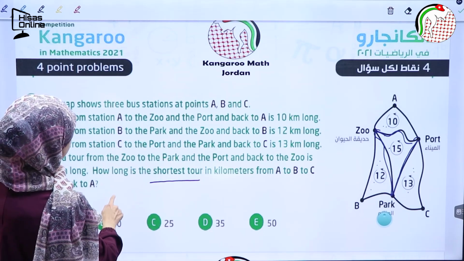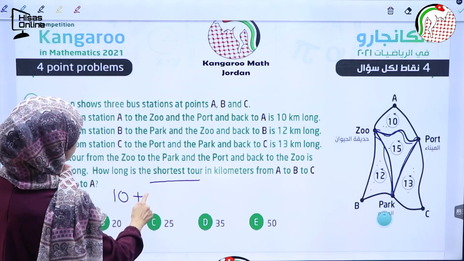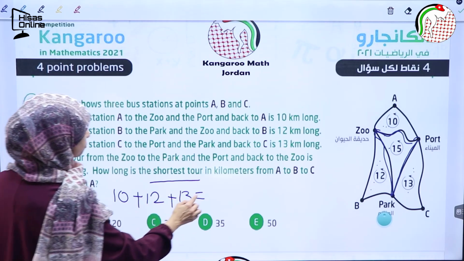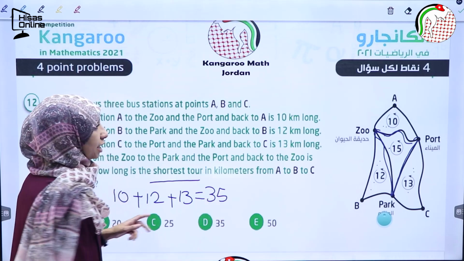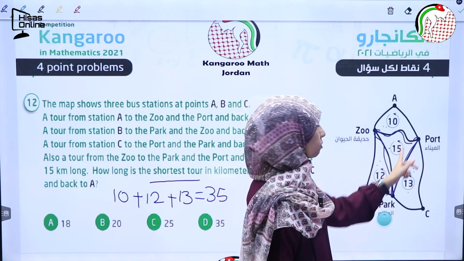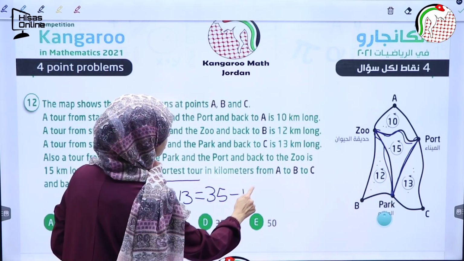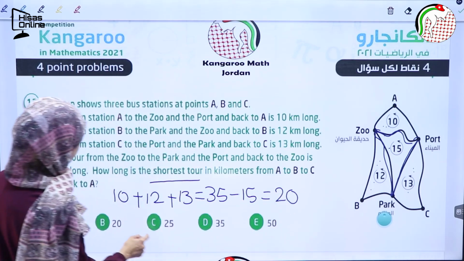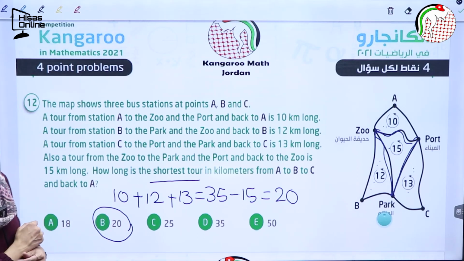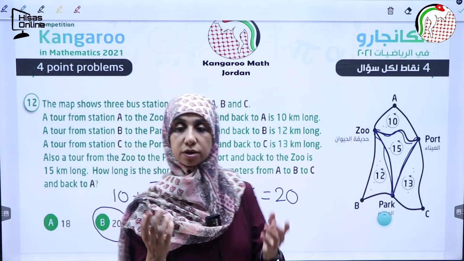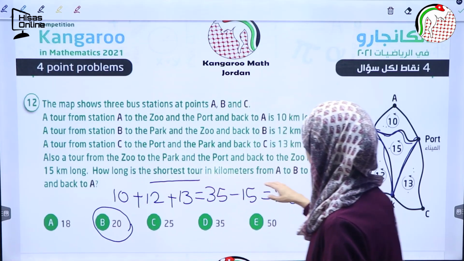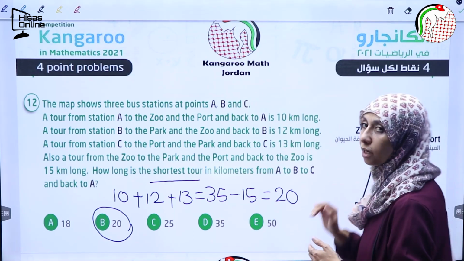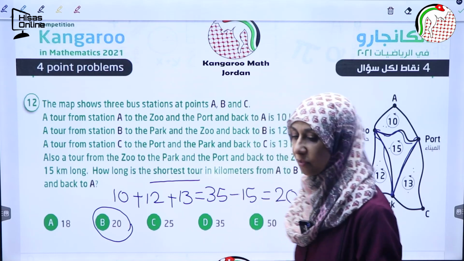So I will add 10 plus 12 plus 13, that makes 35 kilometers. Now exclude 15 kilometers, that will make 20 kilometers, which is B. So B is the right answer, the shortest tour from A to B to C, moving back to A again.